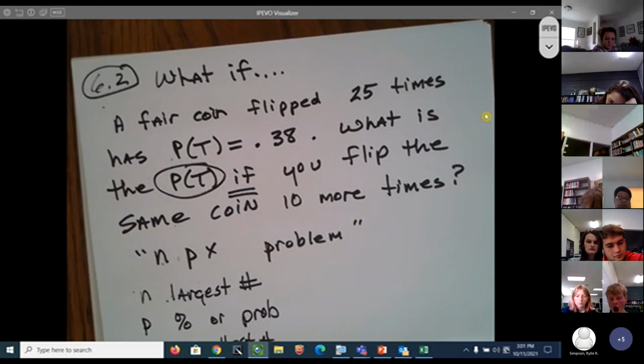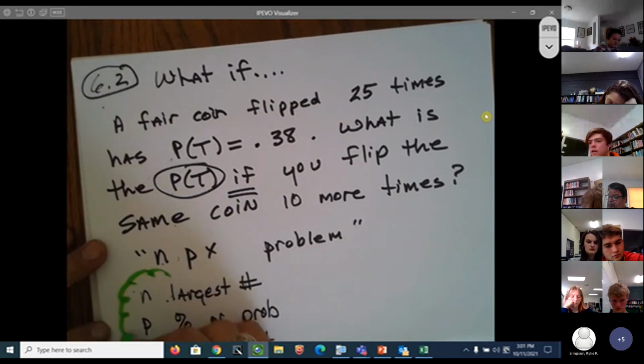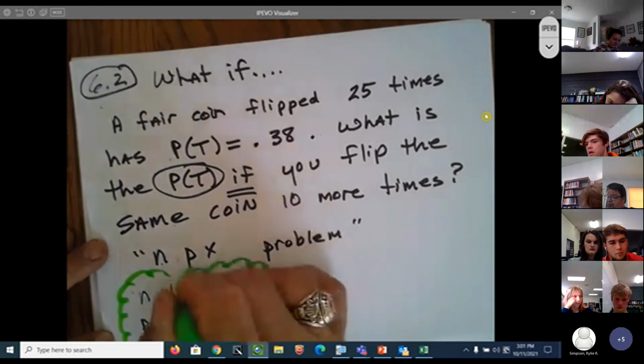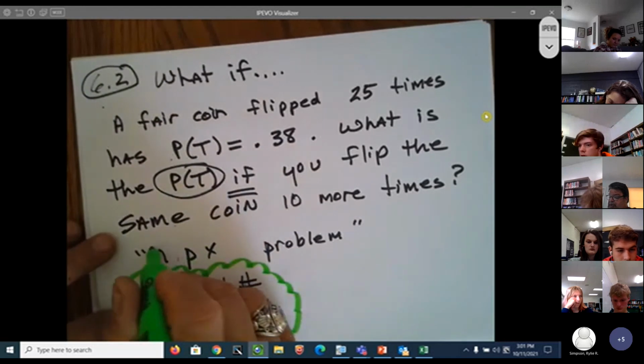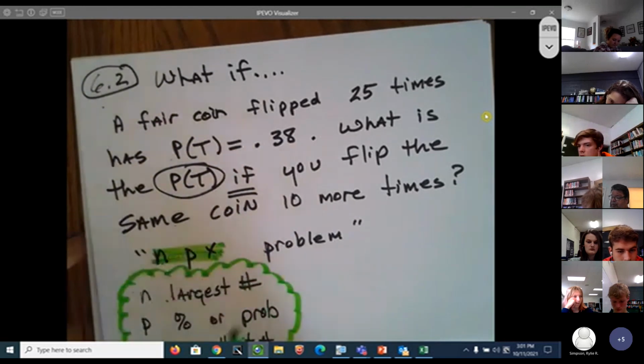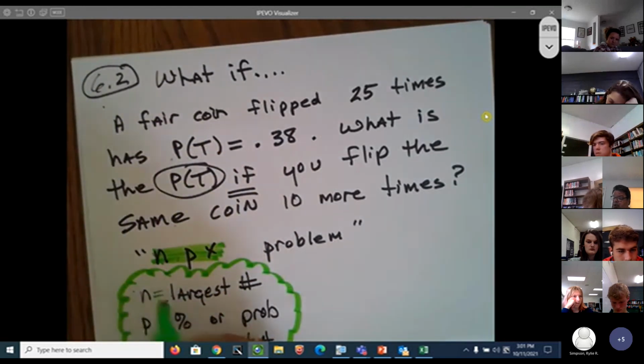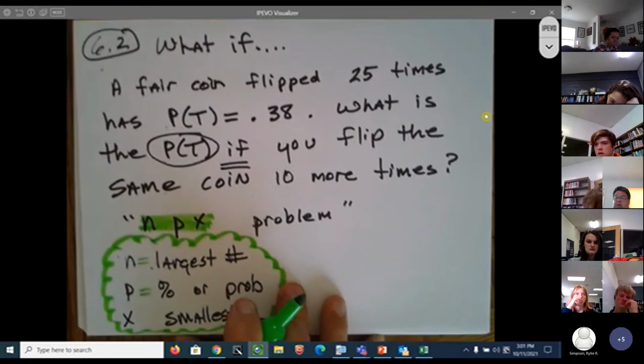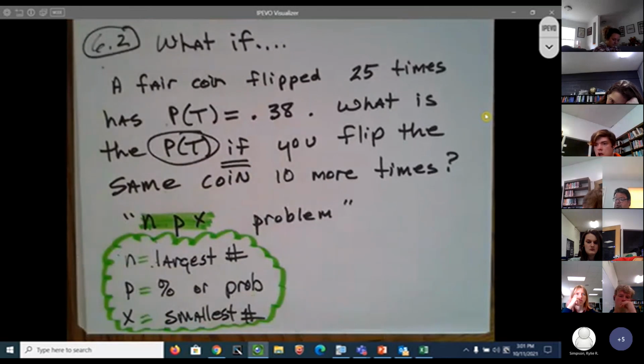I need you to remember that, because that's what you're going to forget when you come up with this problem on homework or test. You're going to say, well, what do I do? Well, it's an NPX problem, and you've got to remember that N is always your largest number, P is always a percent or a probability, and X is going to be your smallest number.